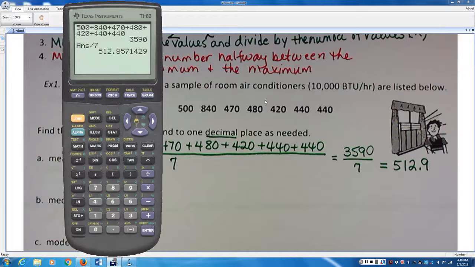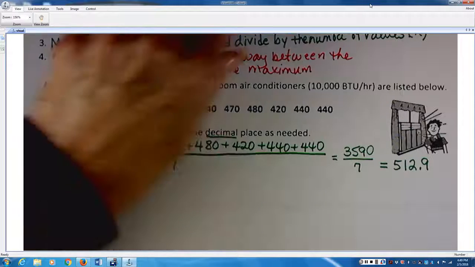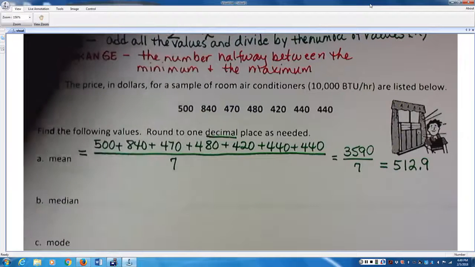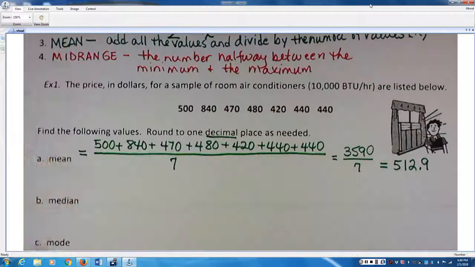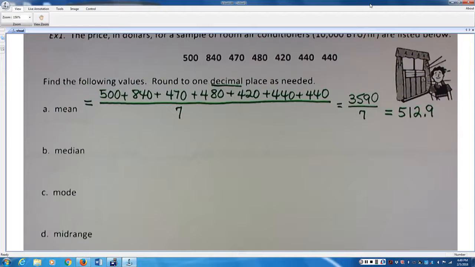Okay? That's the most work you're going to do. The others are going to be much simpler to do, because most of them are based on count or a little subtraction problem. So, the median. To do the median, we need to arrange the numbers first in order.